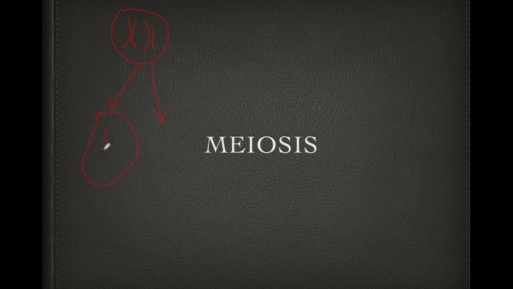We've got separation of the chromosomes. And during meiosis 2, we've got separation of the sister chromatids. That is if I was talking about only one pair of chromosomes. If I were talking about 46, it would be much, much more complex.